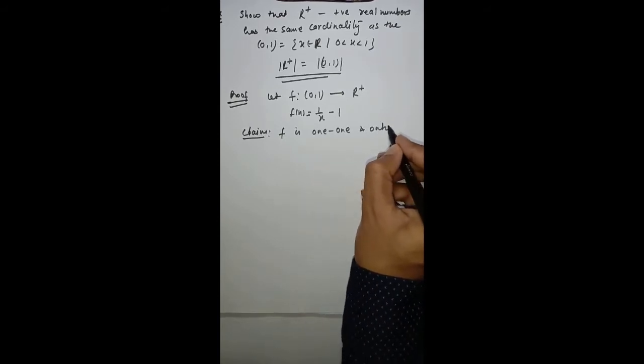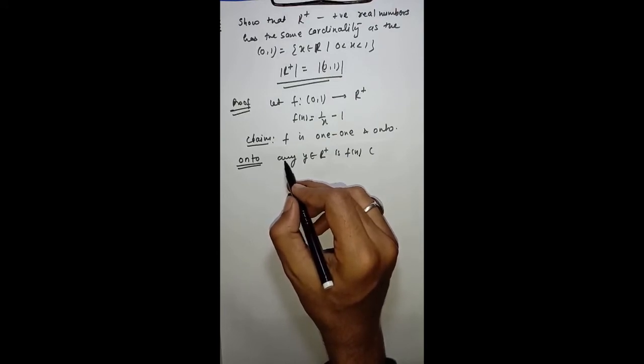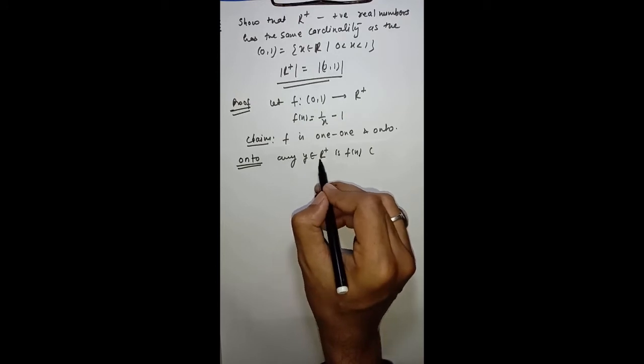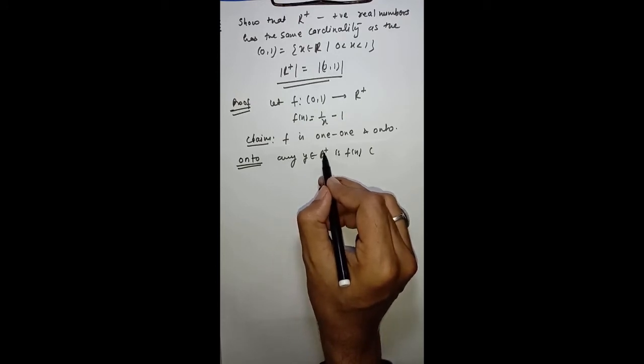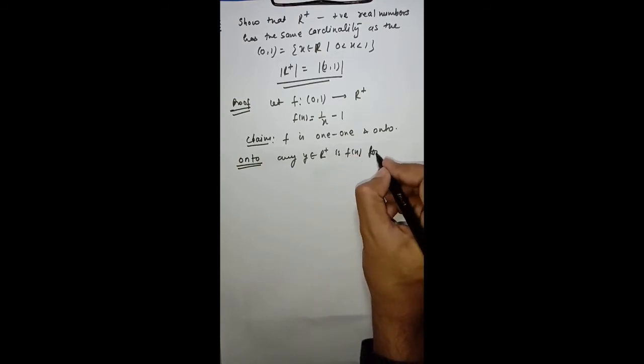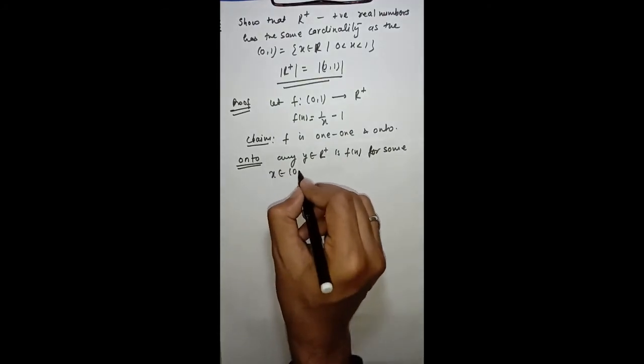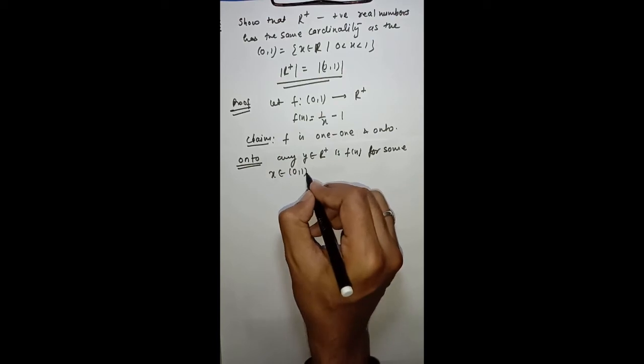and onto. To show that the function is onto, we have to show that for any y belonging to R+, the positive real numbers, y = f(x) for some x belonging to the open interval (0, 1).